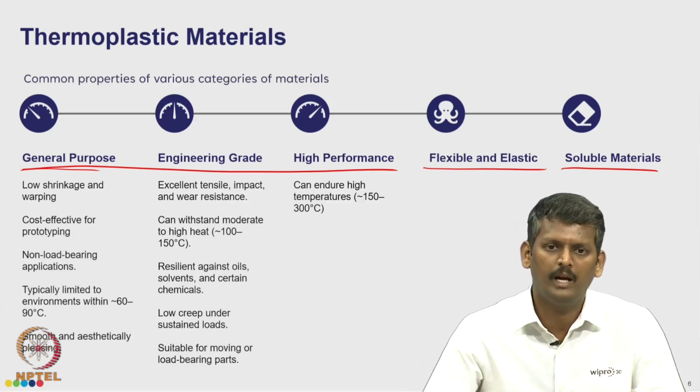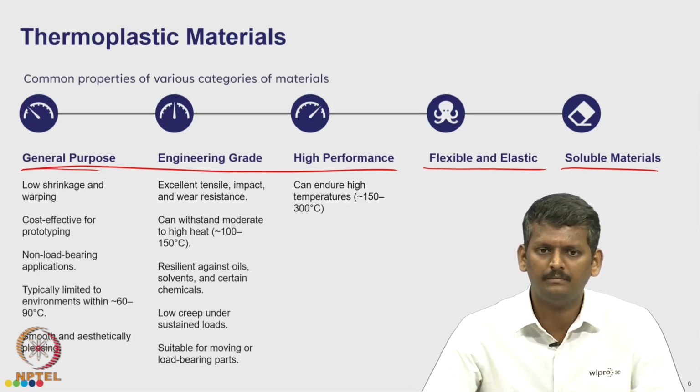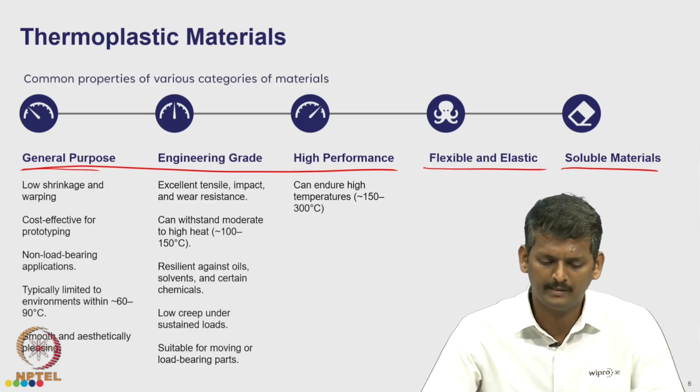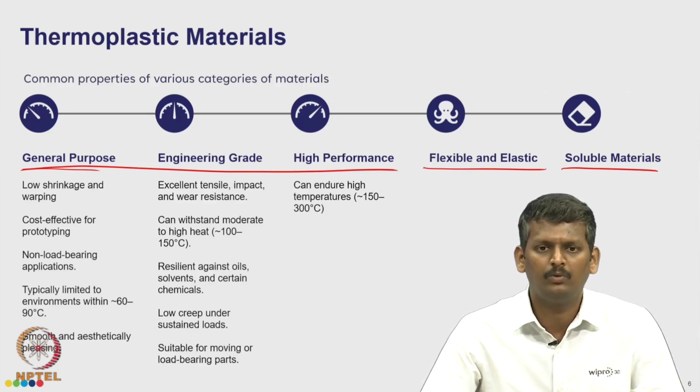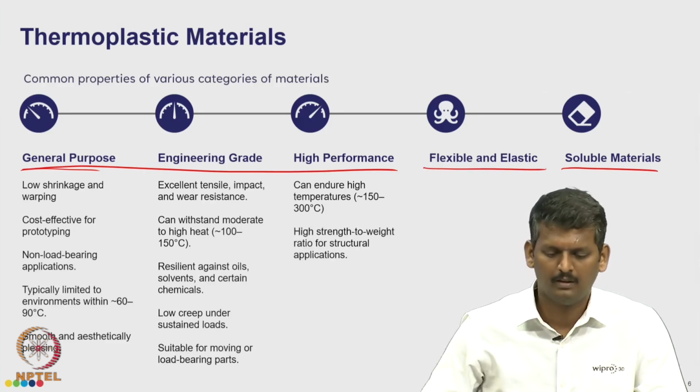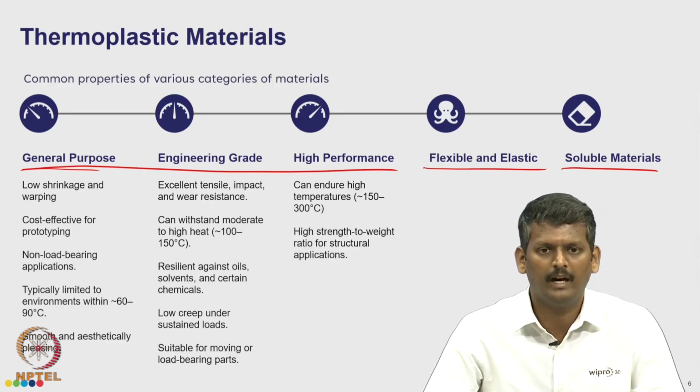Now coming to the high performance polymer, we get a very huge amount of mechanical properties as well as thermal properties in the high performance category. This can endure approximately 150 degrees Celsius to 300 degrees Celsius, and we get a higher strength to weight ratio, that means even with a lesser volume of the component, we get a higher strength.